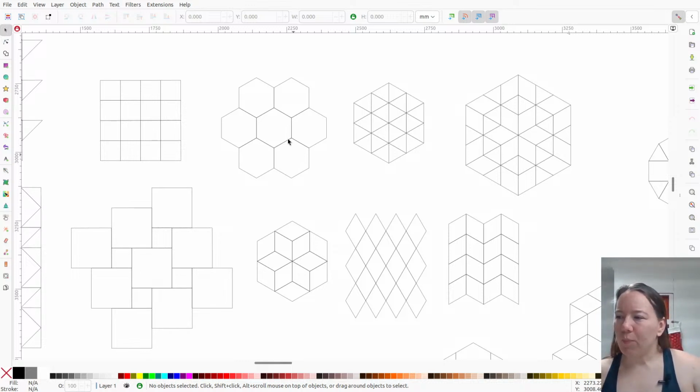So on squares, you could go white, red, back to white, and that's possible because we have 4 shapes around a corner, specifically an even number. With the hexagons, we have 3, which is an odd number. With the triangles, we have 6 always, and that's an even number again, which lets us do this 2 coloring. So that's one factor as we look at these different tilings. So we can say, yes, this is 2 colorable. No, this is not. Yes, yes, yes, yes, no.